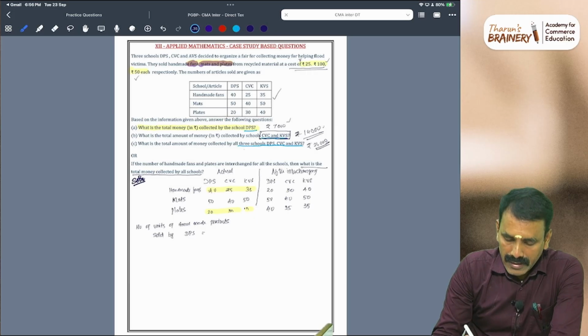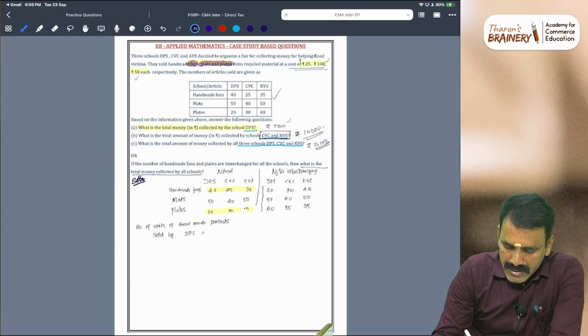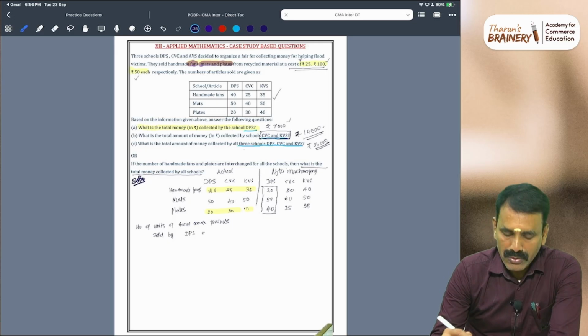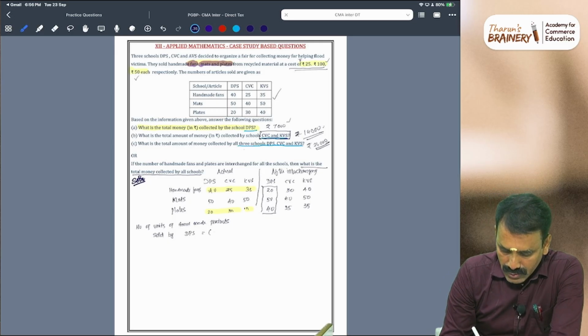The values written in the column are going to be written as the row. It is going to be 20, 50, 40.